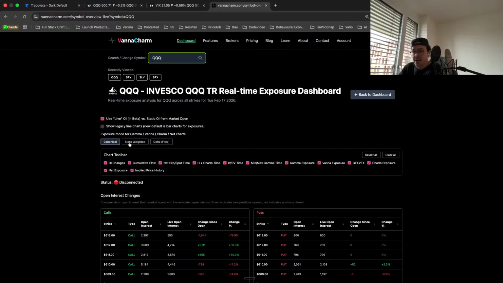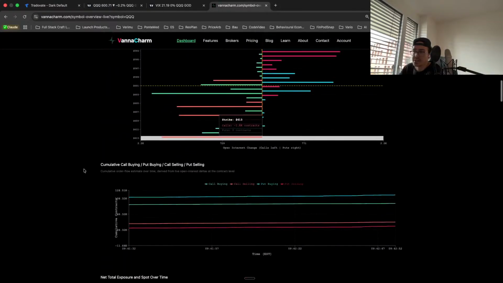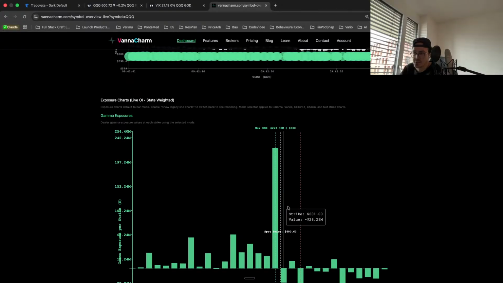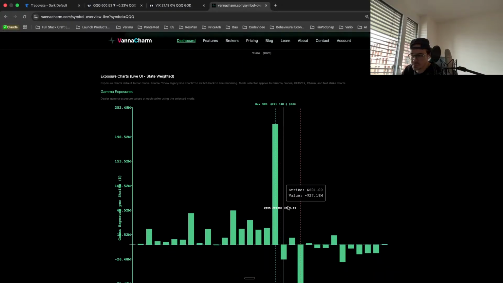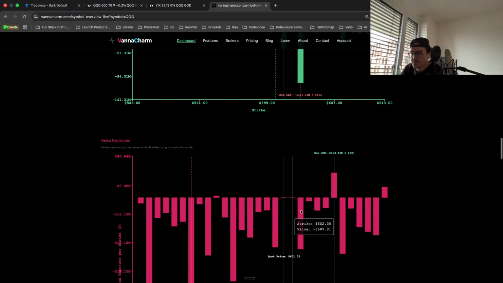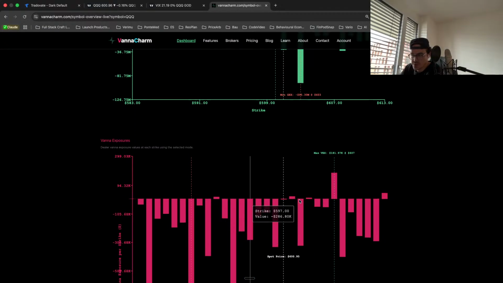But what we also have, because we anyway have real-time data from the broker, we have what we call state-weighted. The state-weighted is Gamma in response to real-time price changes, since Gamma is basically delta, the second derivative to delta. Vanna, we use the real-time change in the vol surface.